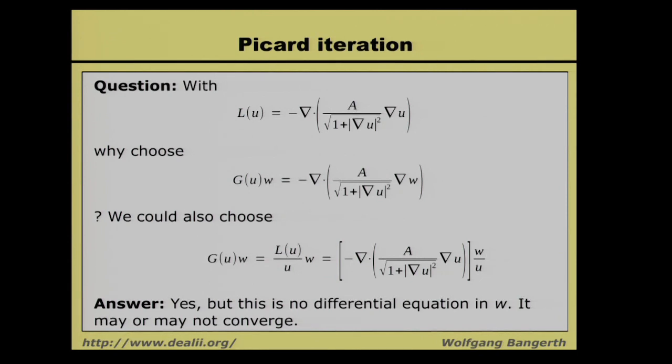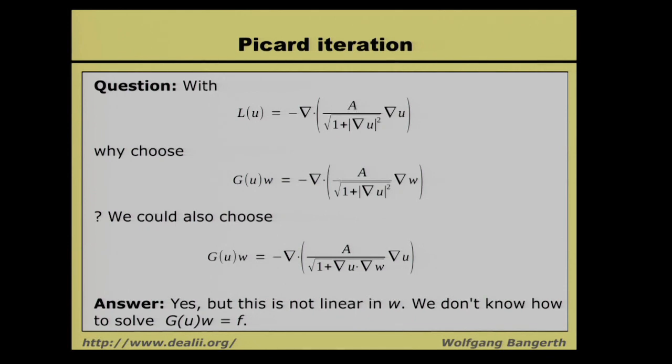So it's not a differential equation. This may or may not converge. I have a hunch that maybe it does, very slowly, but I'm not entirely sure about this. So the point is, I could in principle do this, but it is questionable, at least.